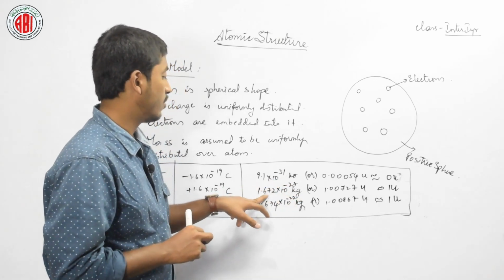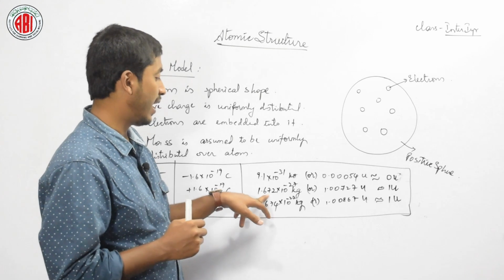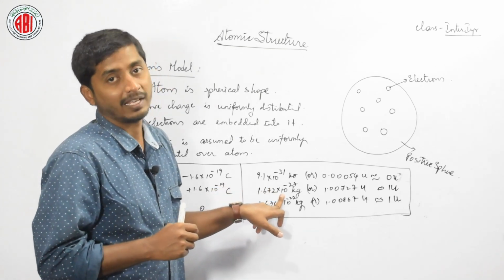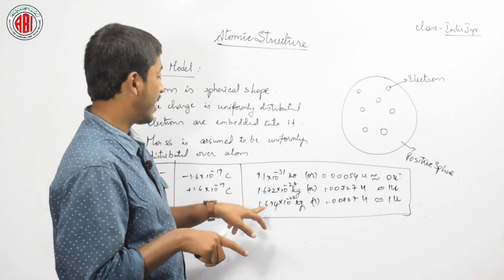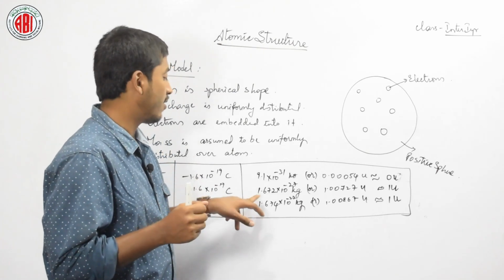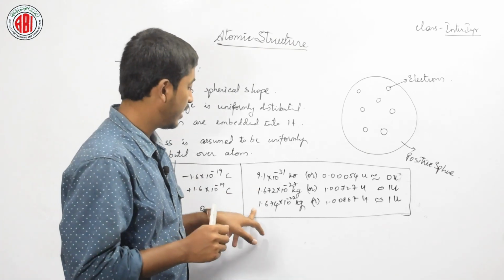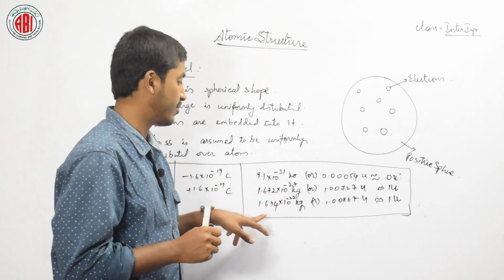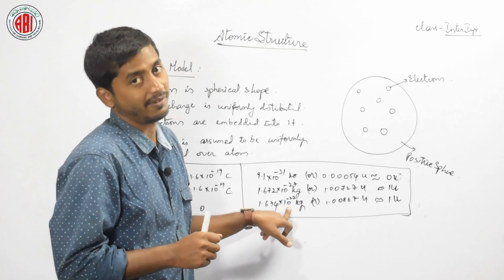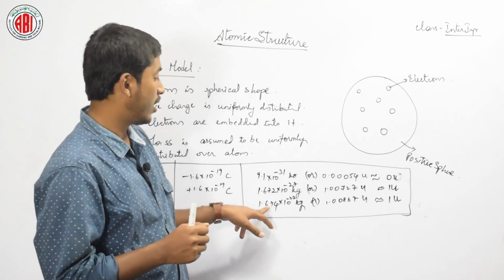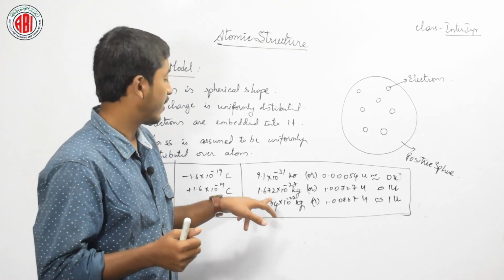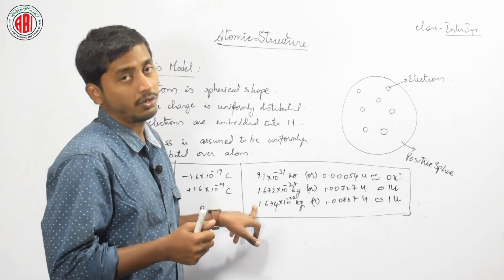Similarly, they also calculated the mass of a proton, that is 1.672 into 10 power minus 27 kg. We learned that the mass of the neutron is slightly greater than that of the proton. You can see here it is 1.672 into 10 power minus 27 and here it is 1.674 into 10 power minus 27, right. It is almost a 2 into 10 power minus 29 kind of increase from the mass of proton to the mass of neutron, right.